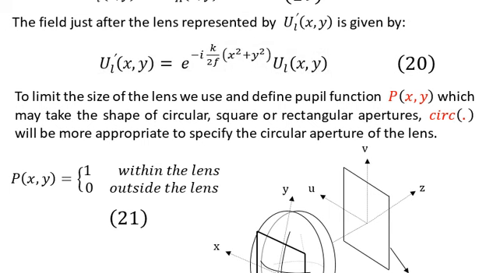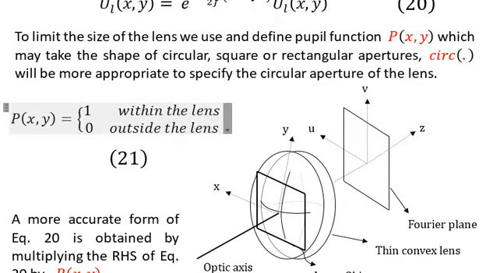To limit the size of the lens, we define a pupil function p of x, y, which may take the shape of a circular, square or rectangular aperture. The circ function, or circular function, is more appropriate to specify the circular aperture of the lens. So let's take the general case of the pupil function, where p of x, y is equal to 1 within the lens, so the lens acts as a clear aperture, and 0 outside.